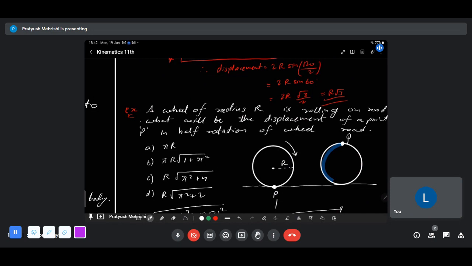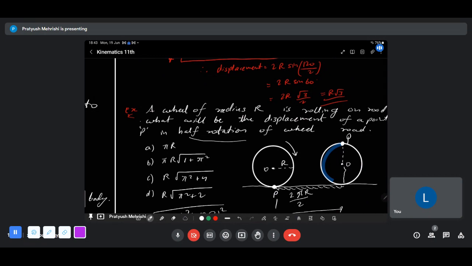How much distance horizontally did it cover? Horizontally it covered half of the circumference, 2 pi r by 2, which is pi r. In half of the rotation of the wheel, the point P moves to the topmost position. Got it?